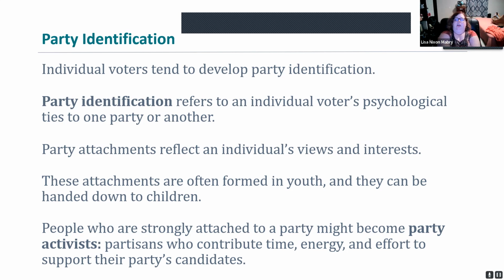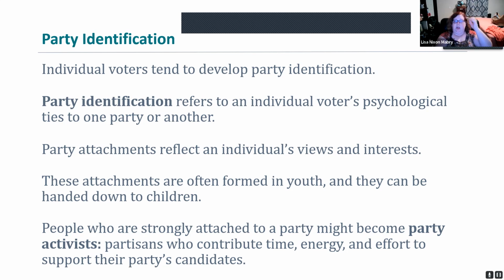Not to mention all of the other factors we talked about with political socialization in the previous chapters: your family ties, your friends, your social groups, your education. All of those things factor into how you choose a political party.